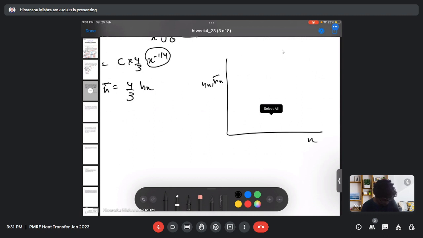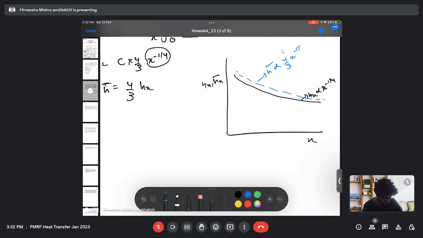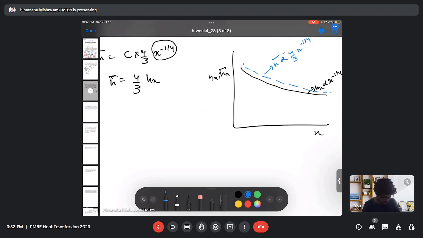So this is my hx proportional to x to the power minus 1 by 4, and this is my average heat transfer coefficient curve, which is proportional to 4 by 3 times x to the power minus 1 by 4.